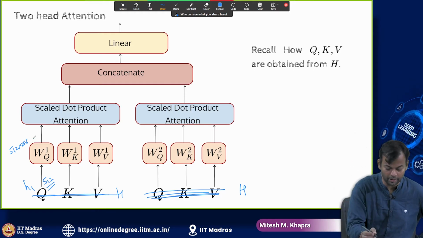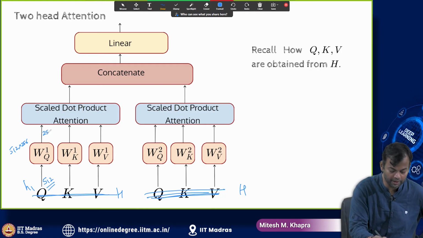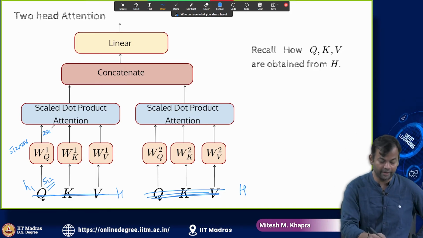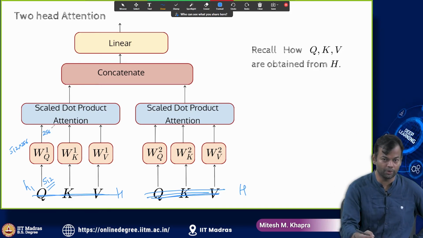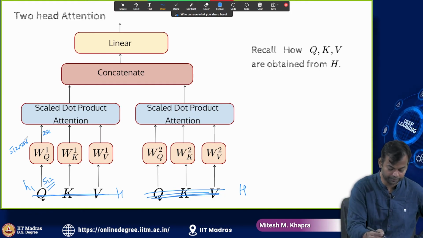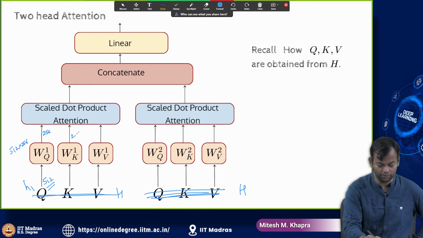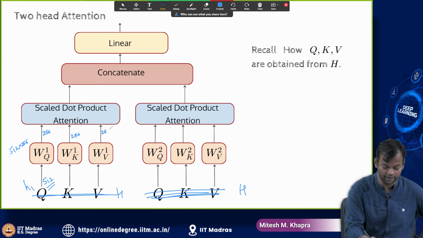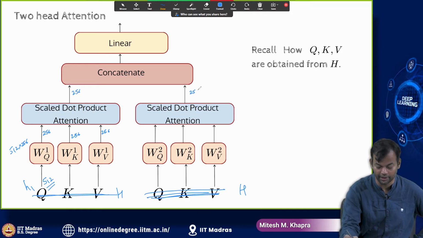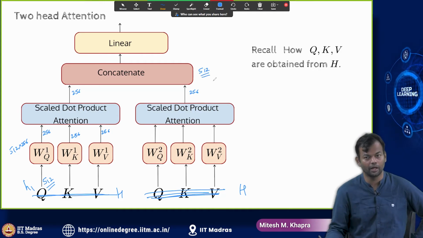That means the projection which comes out, my QKV, would be 256 dimensional, because it's 512 multiplied by a 512 cross 256 matrix. So I'll just project it down, so this will be 256 dimensional. So at the output again I'll get 256 dimensional Zs in both cases. Now when they concatenate, I again get a 512 dimensional output.